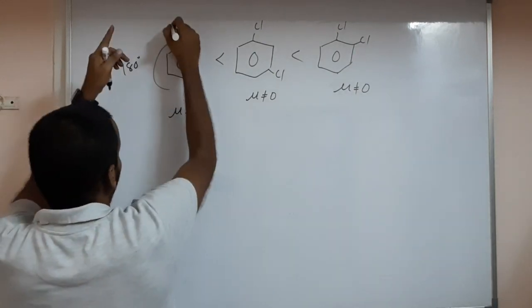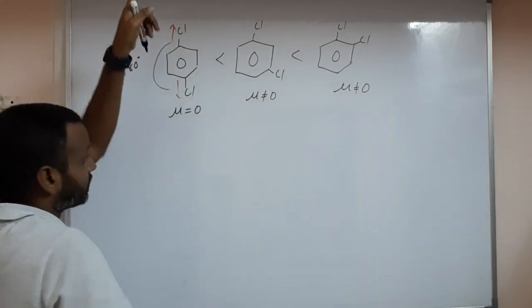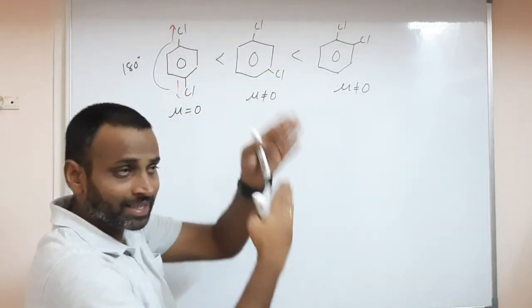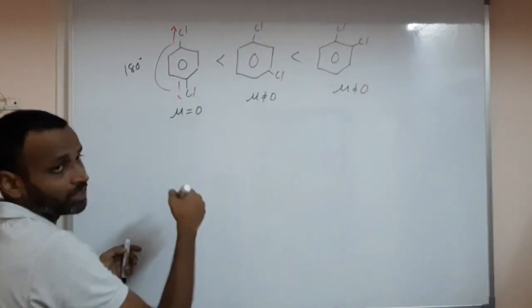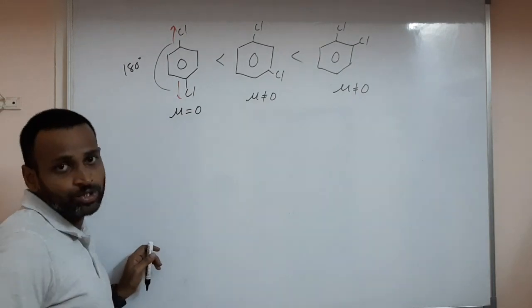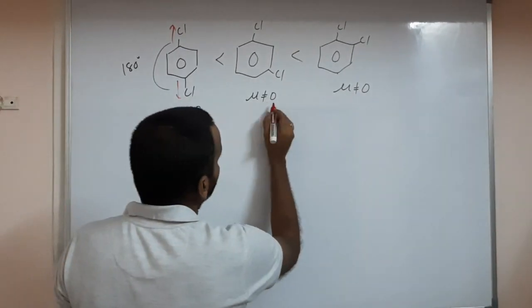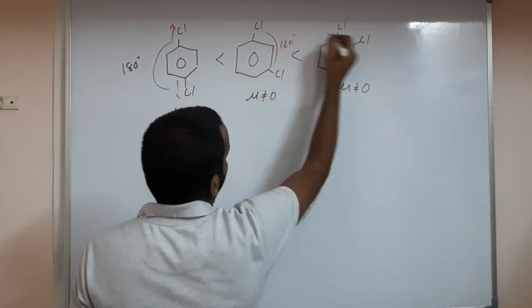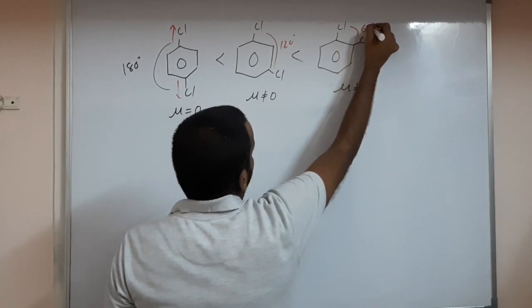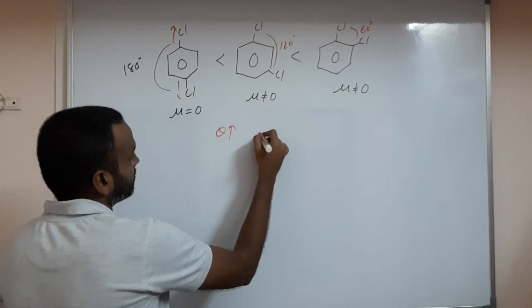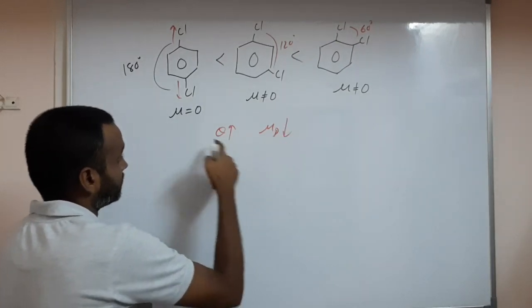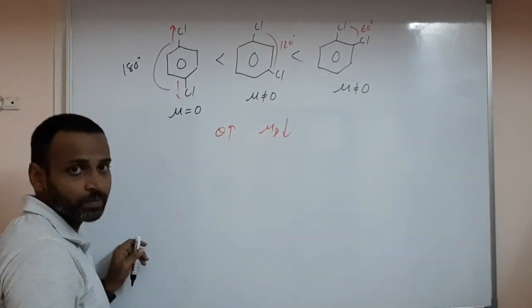Both are just opposite, one above and one below, cancelling in the opposite manner. So the polarity will cancel, so dipole moment is 0. Here it is 120 degrees, here 60 degrees. So as the theta angle increases, the dipole moment decreases. This is the most important thing.